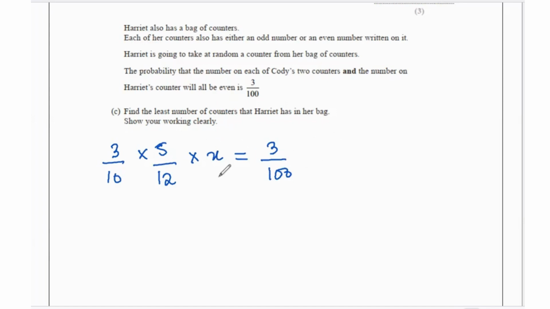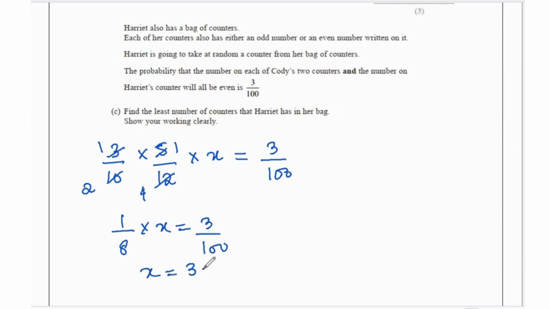So using this, we can figure out the probability of getting an even number from Harriet. So that's 5 ones are 5, this is 2, this is 1, this is 4. So 1 over 8 times x equals 3 over 100. X is going to be 3 times 8 over 100, which is 24 over 100.